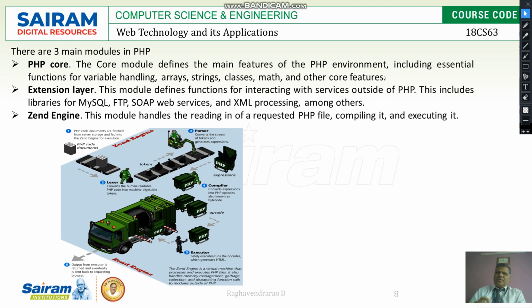First is the core, handling arrays, strings, classes, math, and other core features. The extension layer talks about MySQL, services, XML processing, and other languages. Supporting libraries are also there, such as FTP, file transfer protocol. Those things are considered in the extension layers.